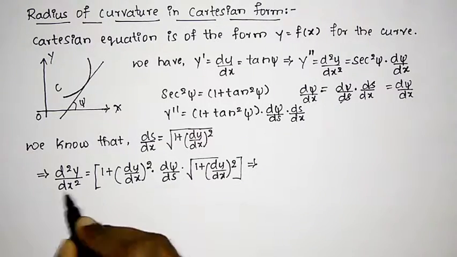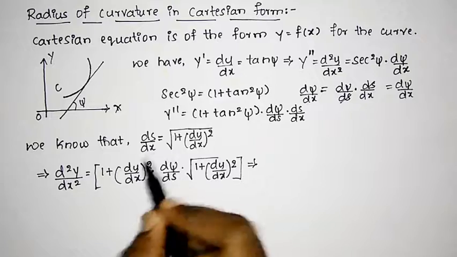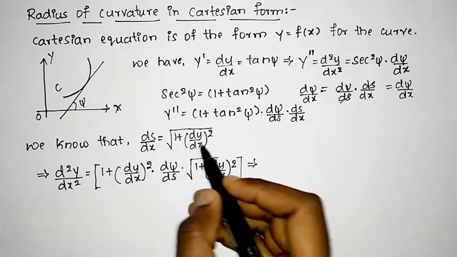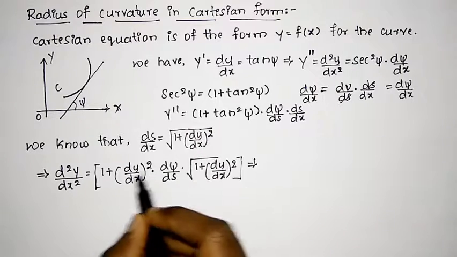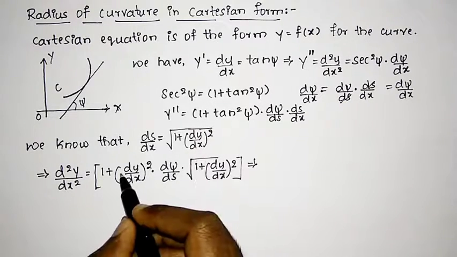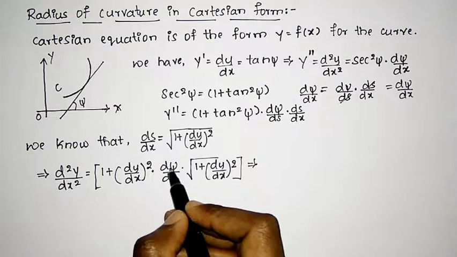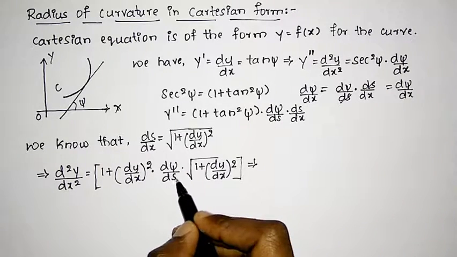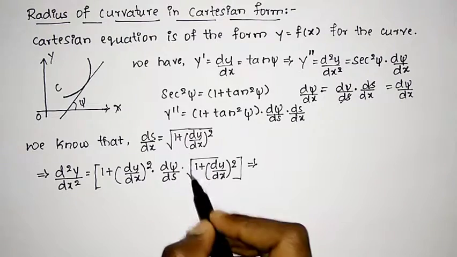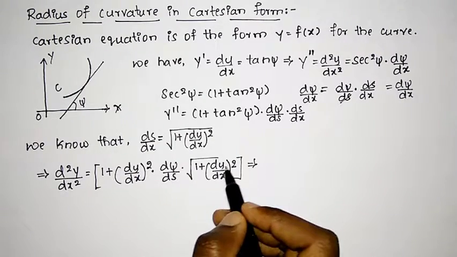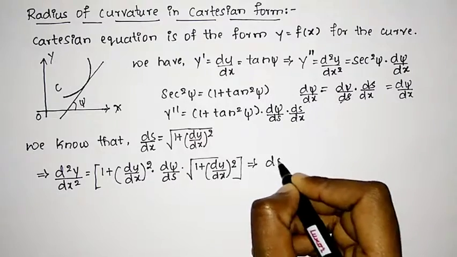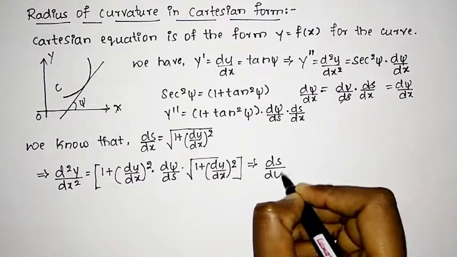Differentiating this, we need to find the second order derivative. The square root of 1 plus dy upon dx whole square can be written as 1 plus dy upon dx whole square into d phi upon ds, keeping the rest as it is, into ds upon d phi.